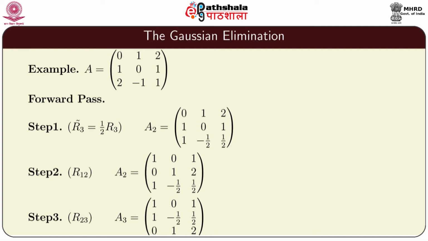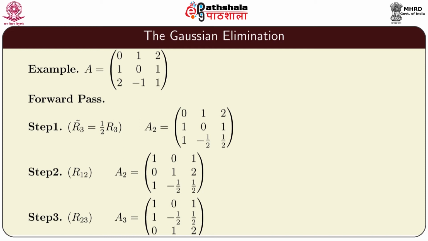Nothing happens to the first row, only the third row changes. And what is the benefit? The benefit is that now the first column has only one non-zero entry, namely 1, and that too at the 1,1th position. Now we look at the second row.